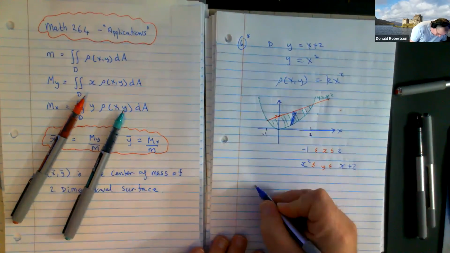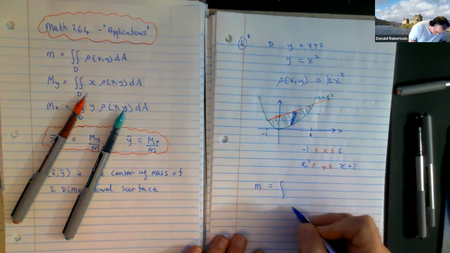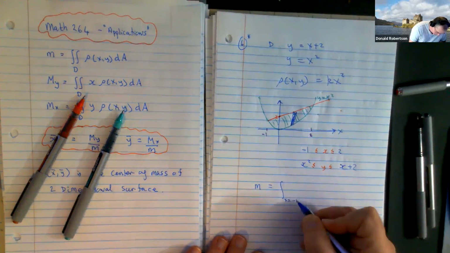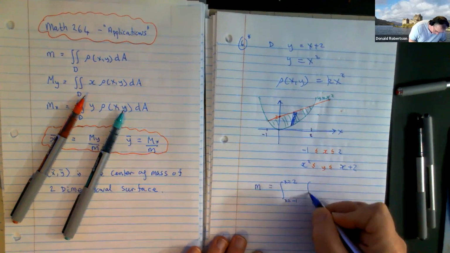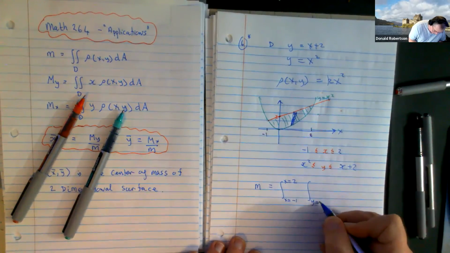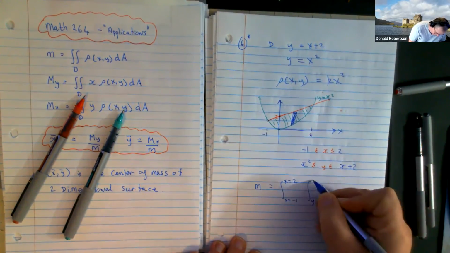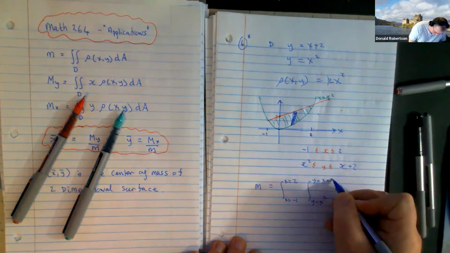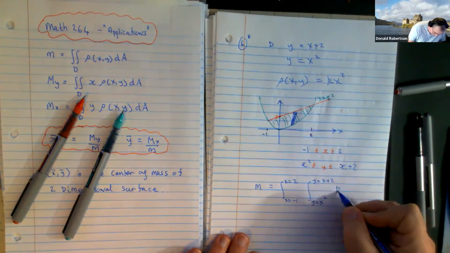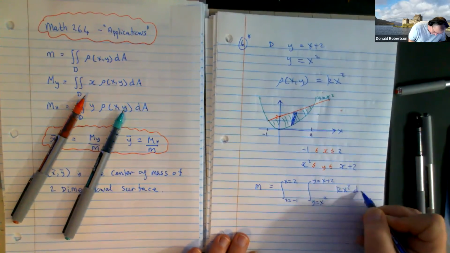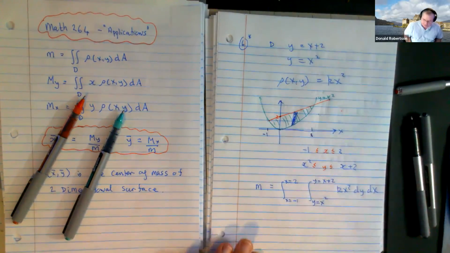Now, if you wanted to get the mass, it would be the integral from x equals -1 to x equals 2, of the integral from y equals x squared to y equals x plus 2, and then the density function, in the y's and the x's. We comfortable?